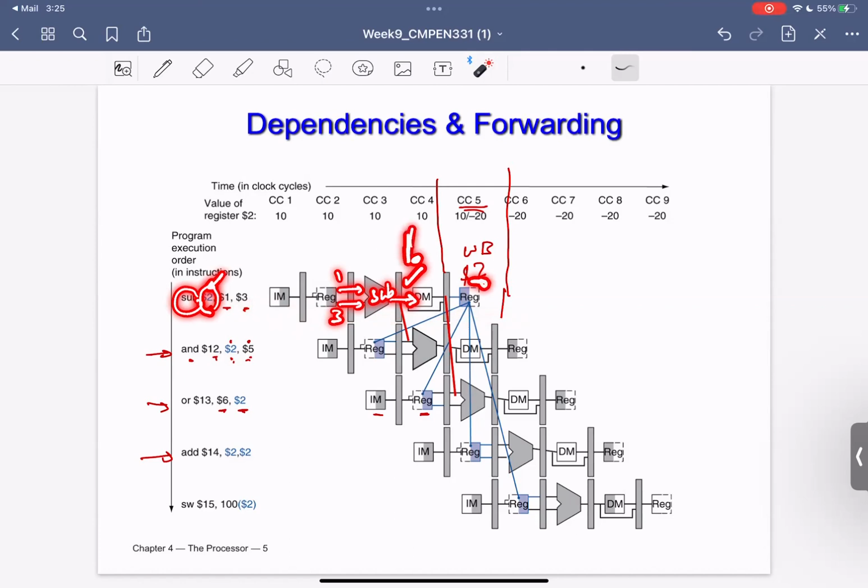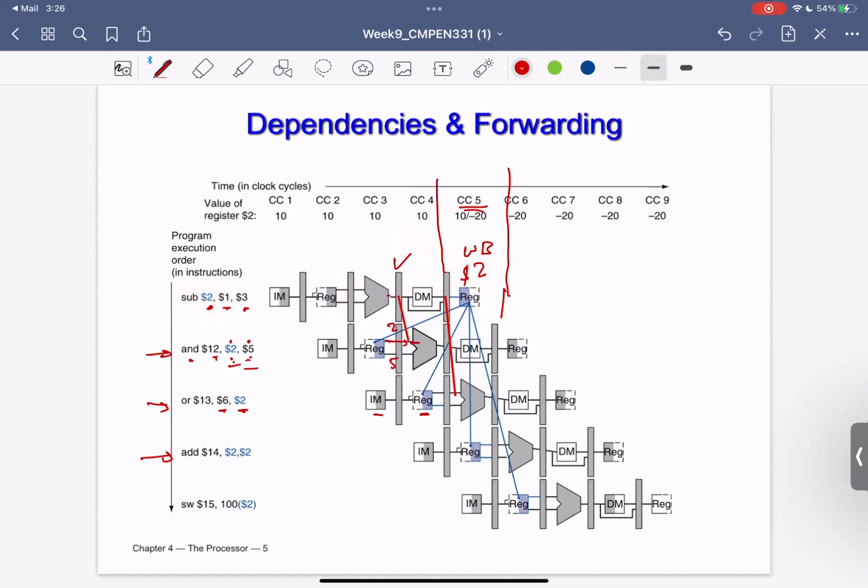So at this stage, the output of the ALU is holding the correct information. So why not use it? Why do I have to wait all the way till the end until I use it while it is already available here? The correct result is available at this stage, the subtraction result. Look at this instruction. It needs to pass whatever is in register number 2 and whatever is in register number 5 to my ALU.